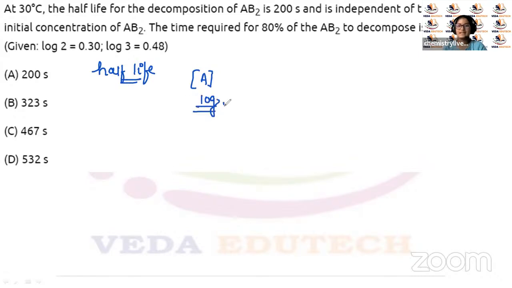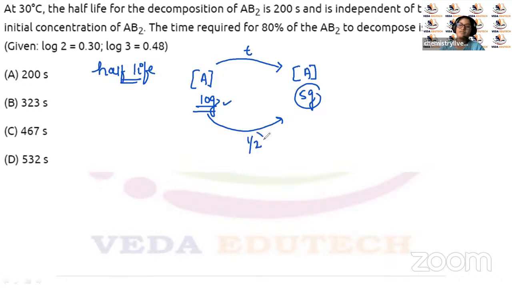After a certain time, the concentration of A becomes 5 grams. So from 10 to 5, it became half of this. So how much time would be required by the reactant to reduce to half of its initial concentration is called T half, or that is called your half-life.